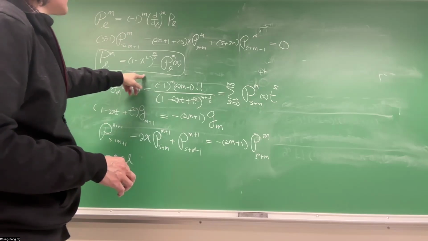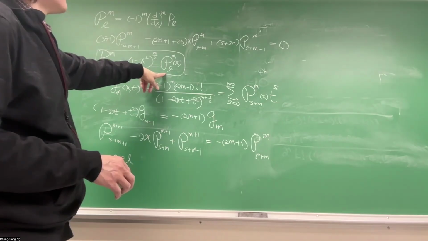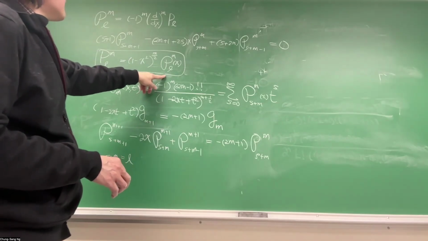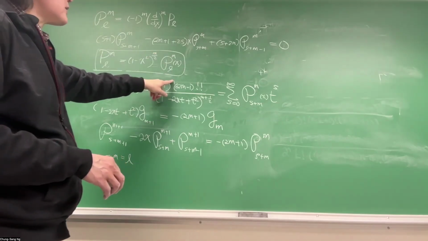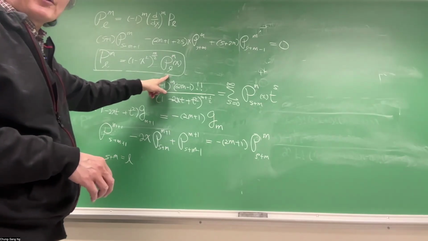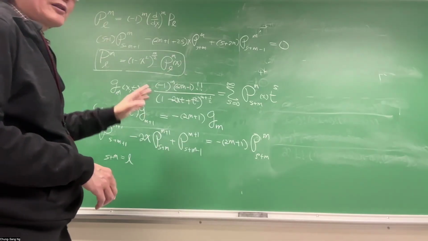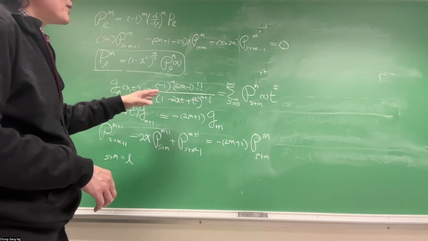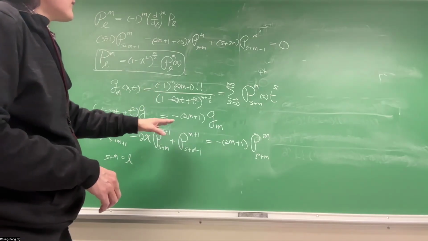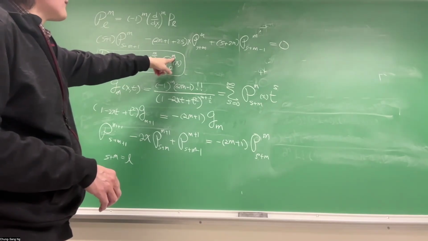For example, when your m equals 0, you just get back to the Legendre polynomial, and you know that you can construct all the Legendre polynomials using P_0 and P_1. And once you have that, you use the formula to shift from m equals 0.